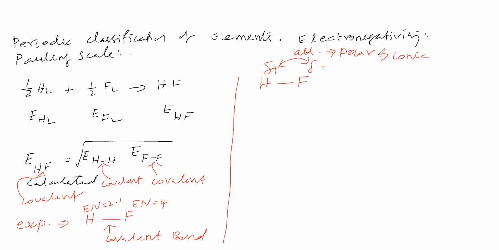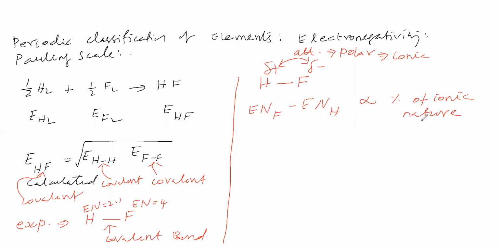This ionic nature depends on what? It depends on the electronegativity difference. Therefore, the electronegativity of F minus the electronegativity of H. This difference is directly proportional to the percentage of ionic nature.